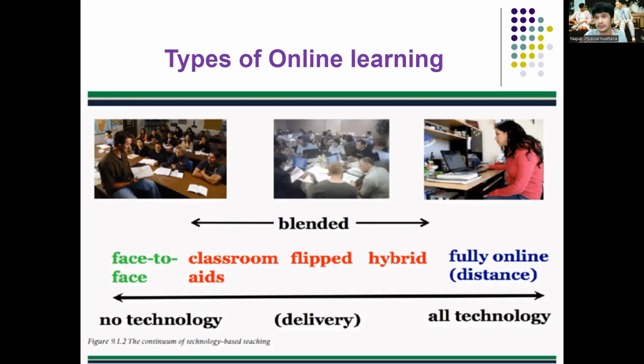And flipped learning means that the content that is supposed to be taught in the class is put outside of the class. So learners would access the content and study the content in their own time prior to coming to the class.